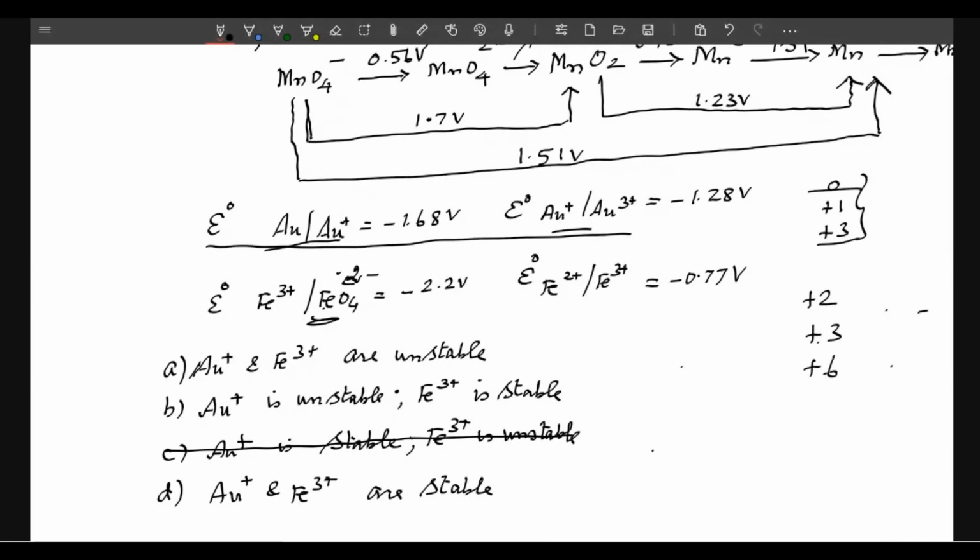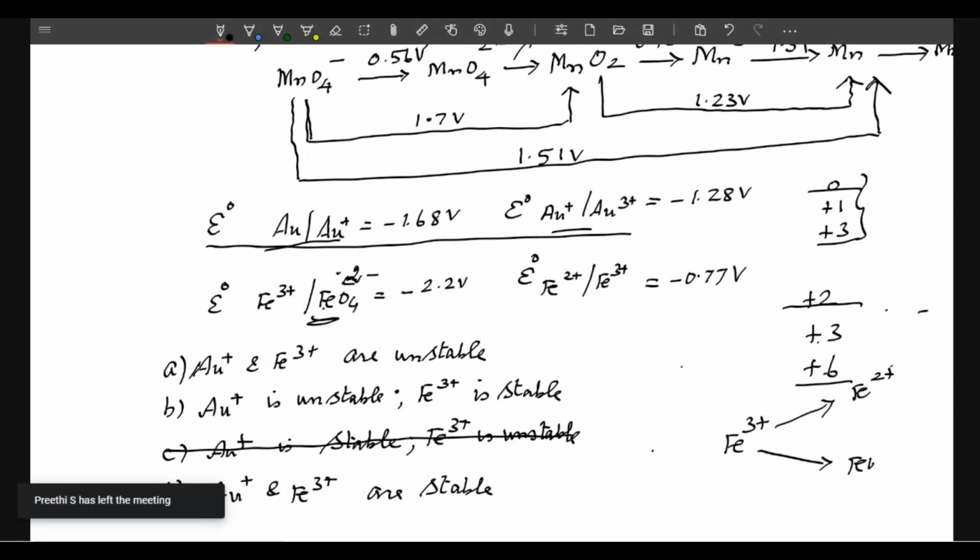Therefore, according to our calculation, plus 2 and plus 6 are stable. If at all, which species would be undergoing disproportionation? Iron 3+. Iron 3+ undergoing disproportionation as iron 3+ to iron 2+, reduction, and iron 3+ to FeO4 2-, oxidation.